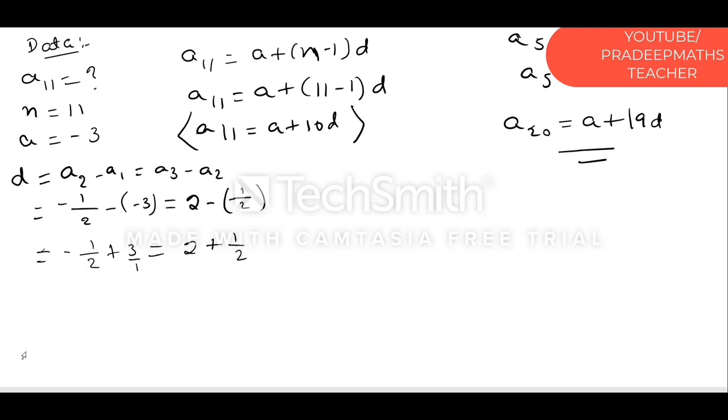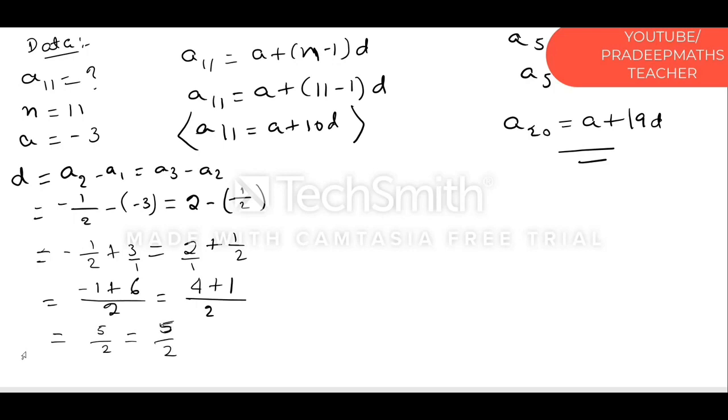Now here also in the denominator 1 will be there, so take the LCM. The LCM will be 2. 2 1s are 2, minus 1 plus 6, that is 1 1s are minus 1, plus 3 2s are 6, equals, here also 2 is the LCM: 1 2s are 2, 2 2s are 4, plus 2 1s are 2, 1 1s are 1. So 6 minus 1 will be 5 by 2, because the sign is of the biggest number. Here also 4 plus 1 is 5 by 2. Here 5 by 2, clear?